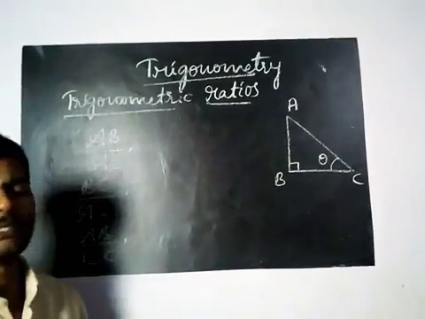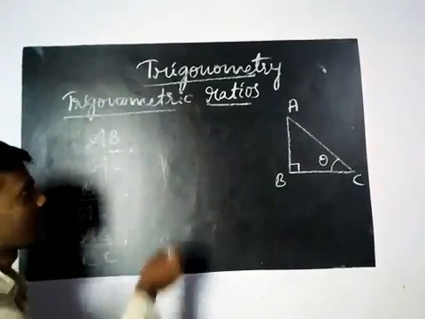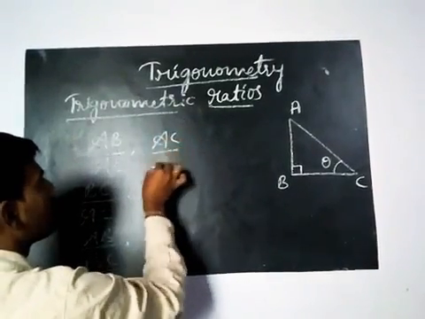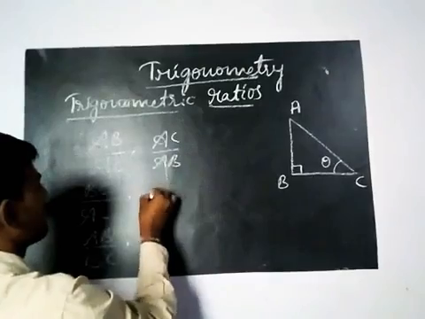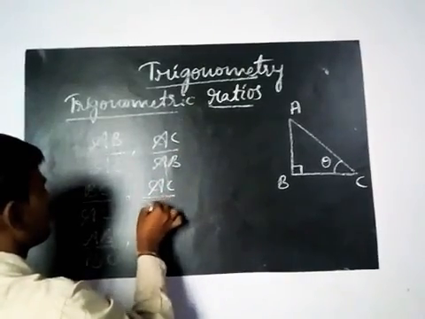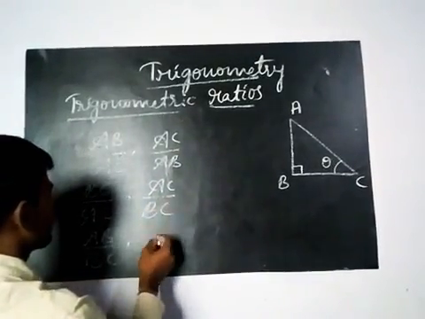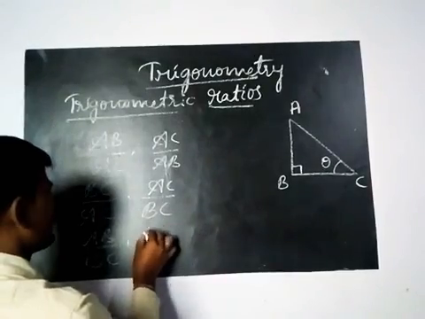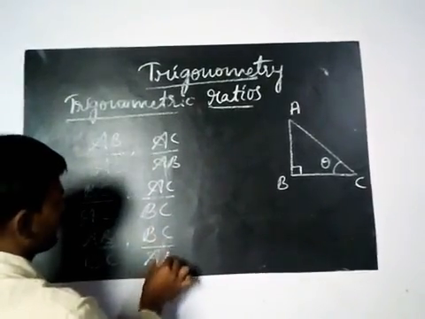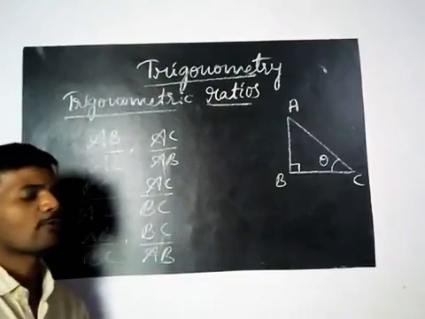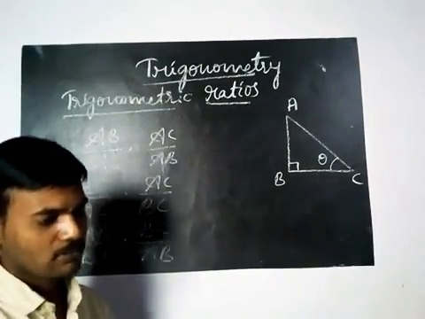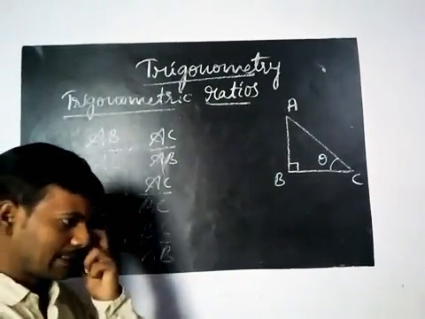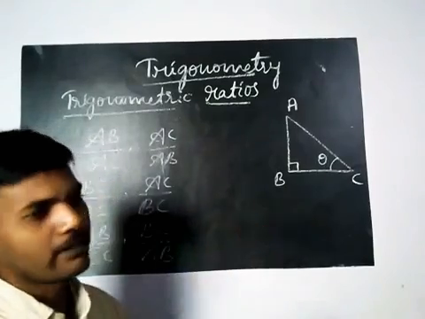Again we will be getting three more ratios, that is AC by AB, then AC by BC, and next BC by AB. These are the 6 possible trigonometric ratios for the given triangle.